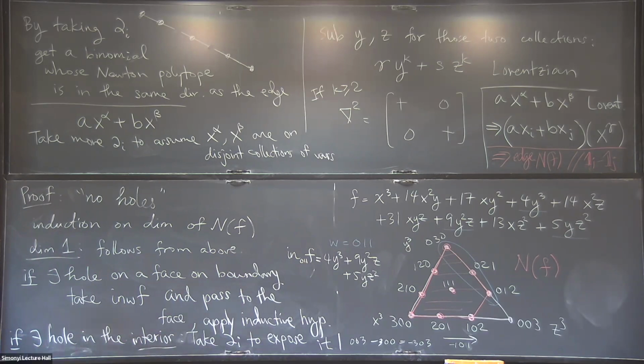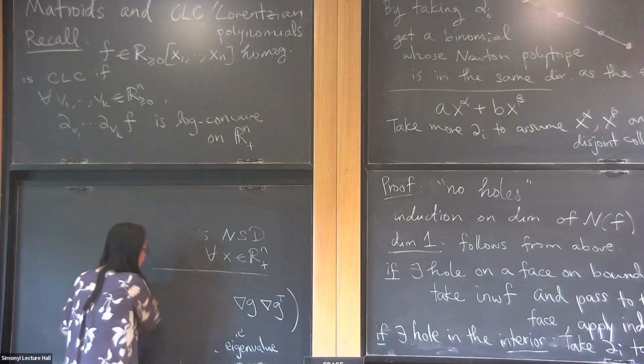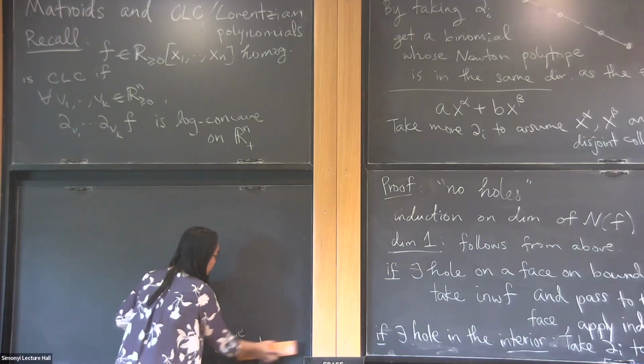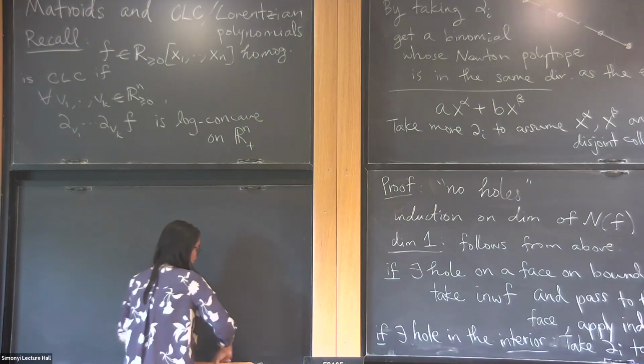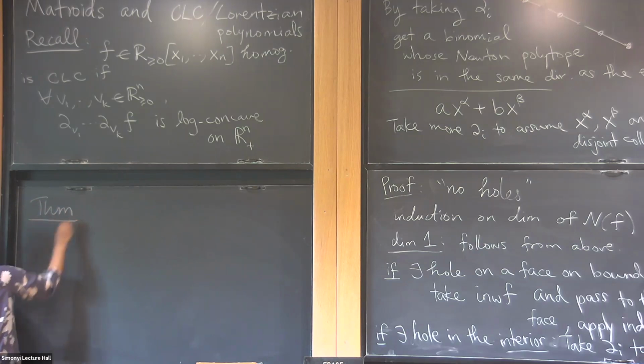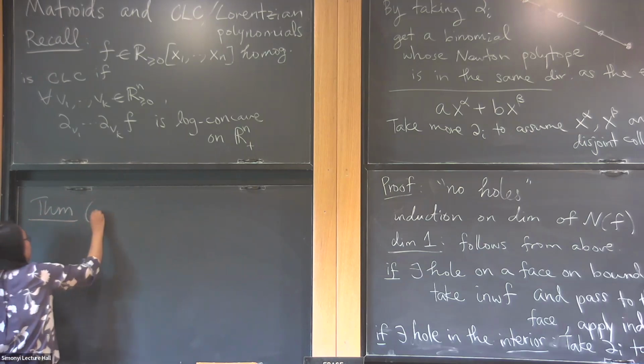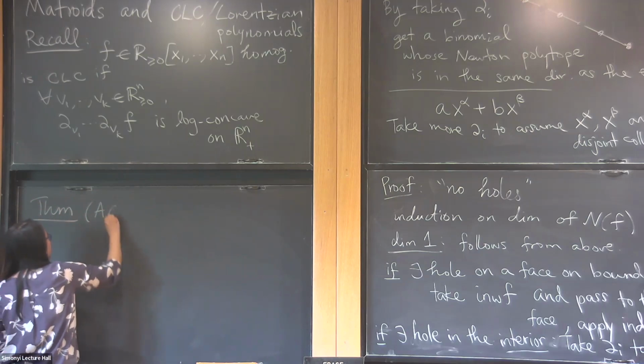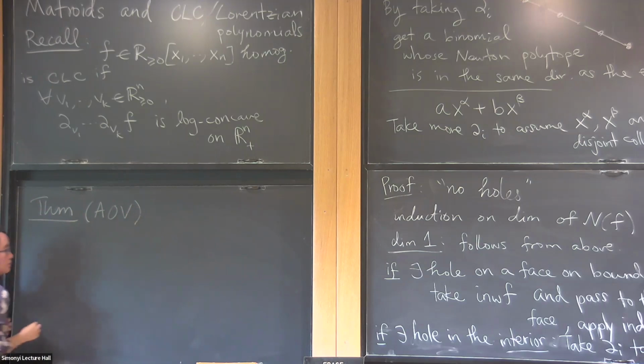the basis generating polynomials of matroids. Now that we have the tools to prove some polynomials are Lorentzian, here's the theorem. I think this was first proven by Anari, Oveis Gharan, and Vinzant, I believe.